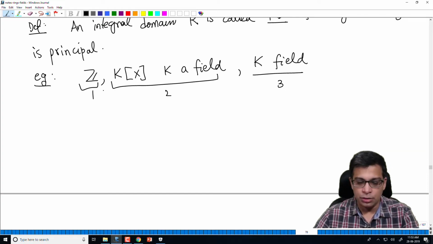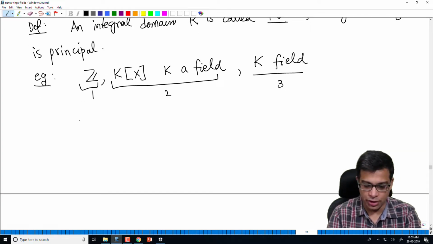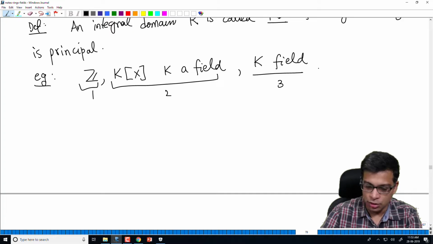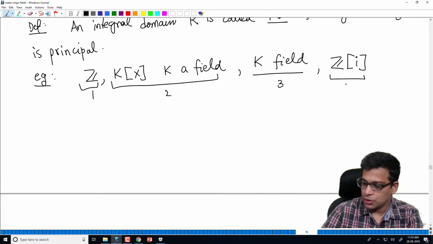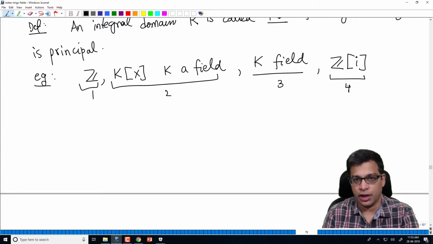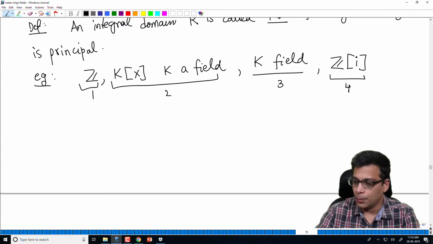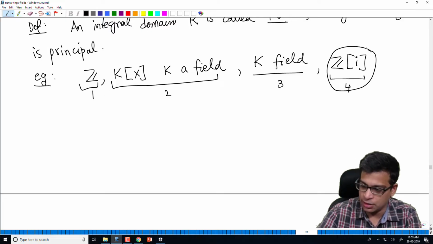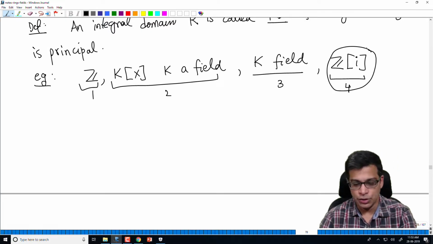And some other rings that we have encountered before which happen to be PIDs is this. I will not prove it for you because that will take me away from what I want to do, but the idea is the same as the examples we have considered. If you quickly recall, how did we prove that every ideal in Z is principal, or that every ideal in K[x] is principal? We used essentially what is called the Euclidean division algorithm.